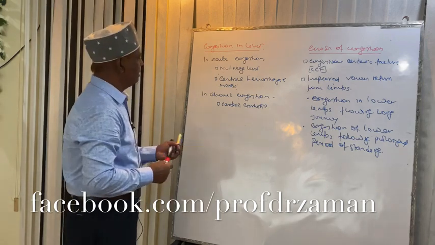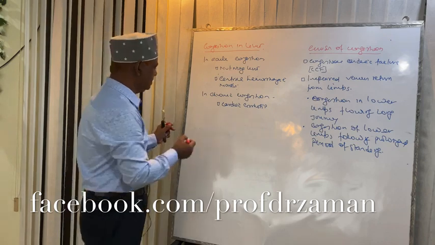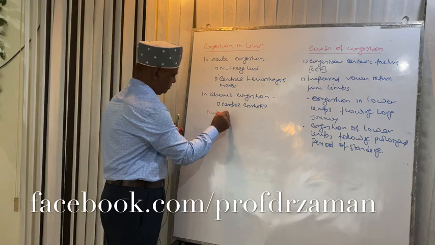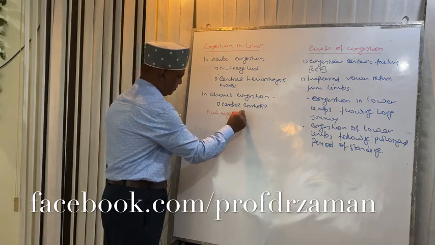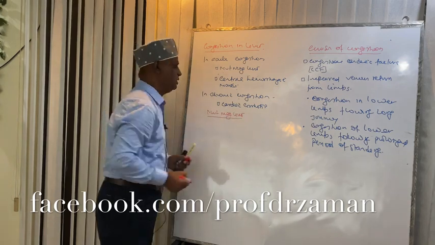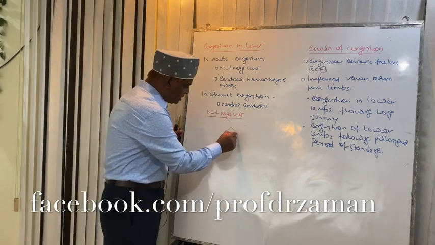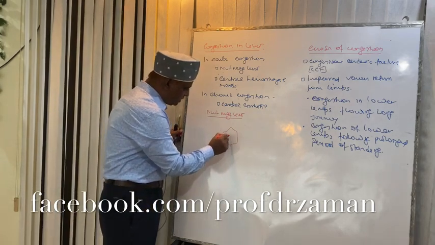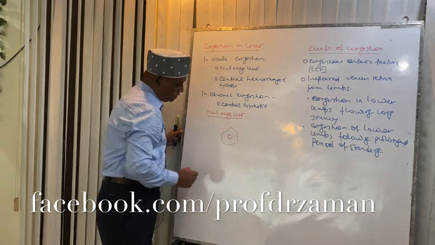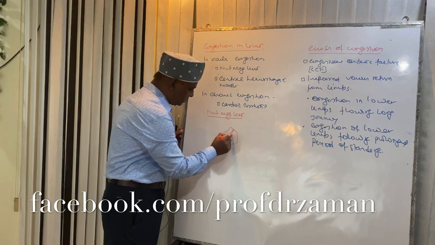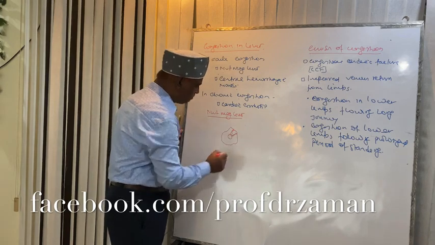Now come to nutmeg liver in acute congestion. Dear audience, this is the hepatic lobule containing the central vein, and these are the hepatocytes radiating like the spokes of a wheel.